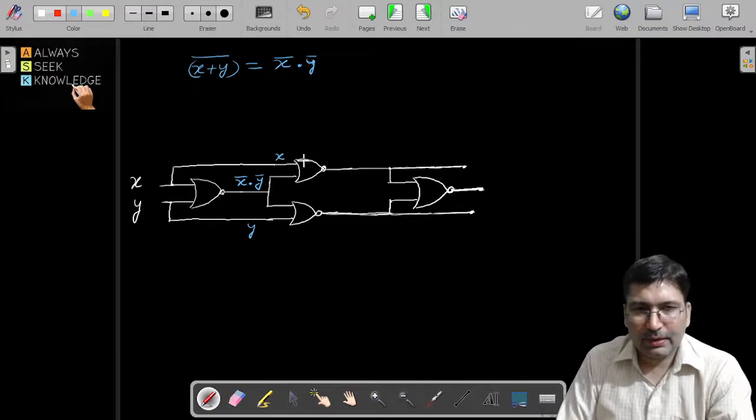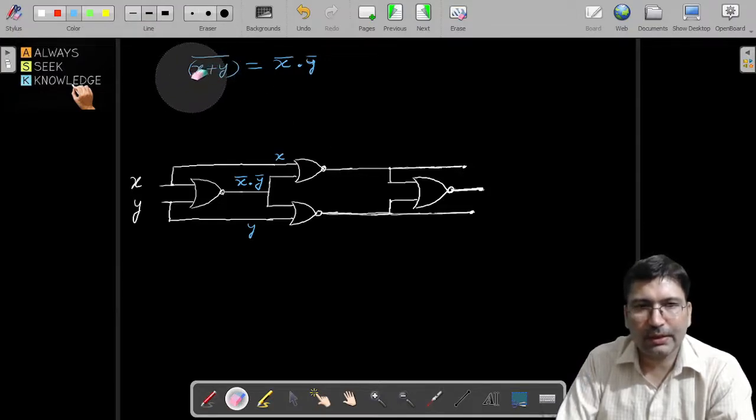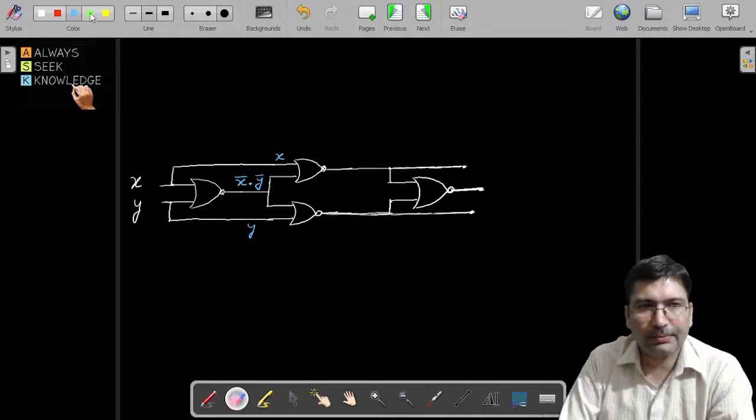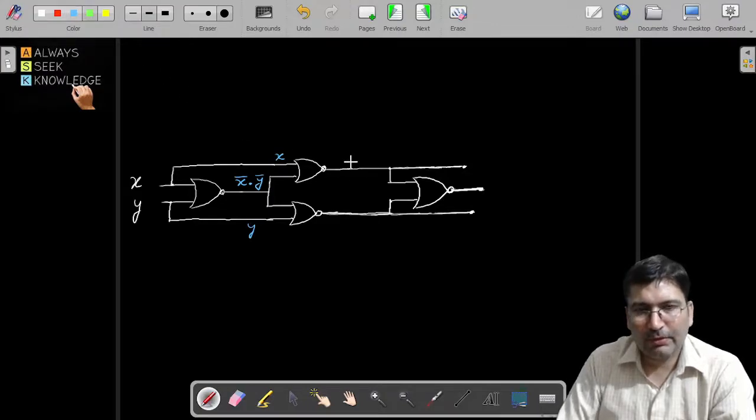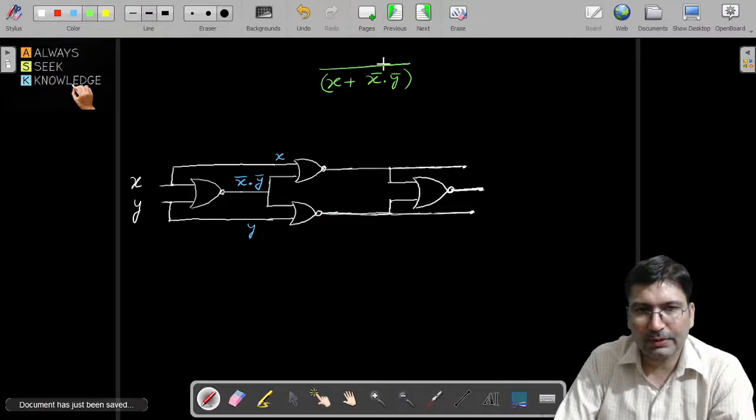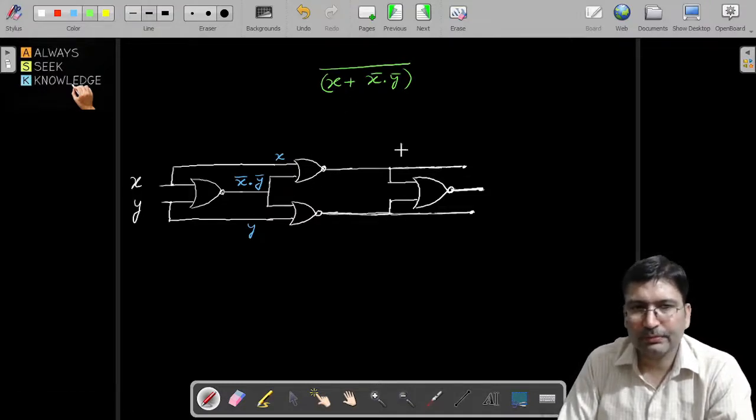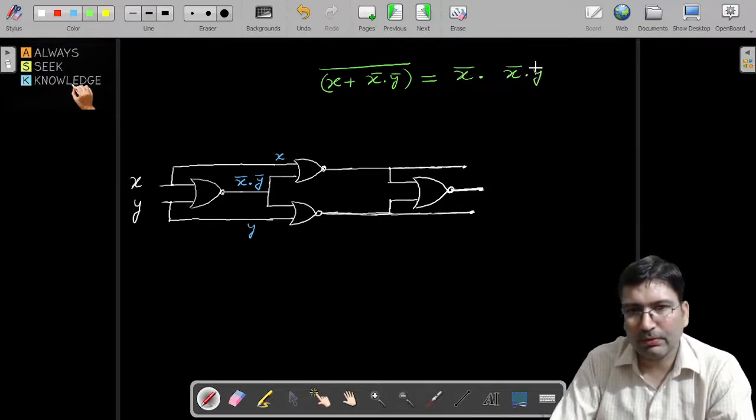Now because we are getting two inputs here, X and X bar dot Y bar, let's try to understand what we are getting here. So here we will get the complement of X or X bar dot Y bar, right? Because this is NOR gate. So when we do this, we will get X bar dot (X bar dot Y bar) whole bar of it.